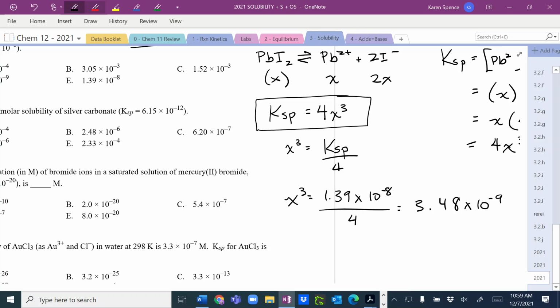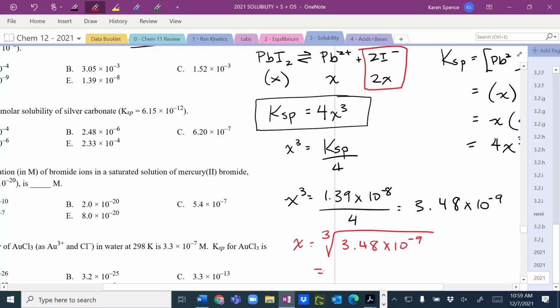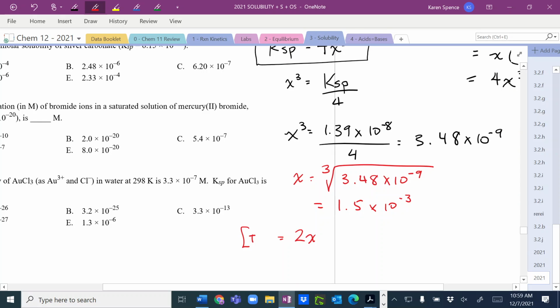So first we need to find x, so that will be the cube root of 3.48 times 10 to the minus 9, which is 1.5 times 10 to the minus 3, and then 2x, which is the concentration of I, is going to be 3.0 times 10 to the minus 3. And there we are. Hopefully that's an answer.